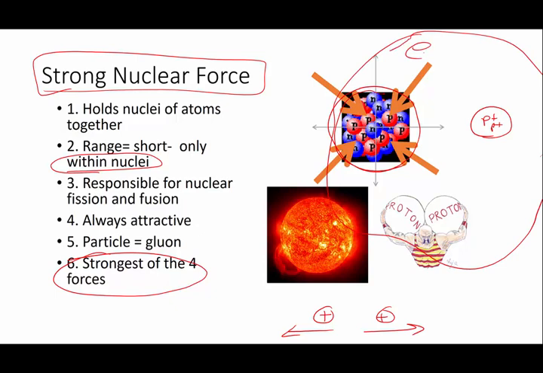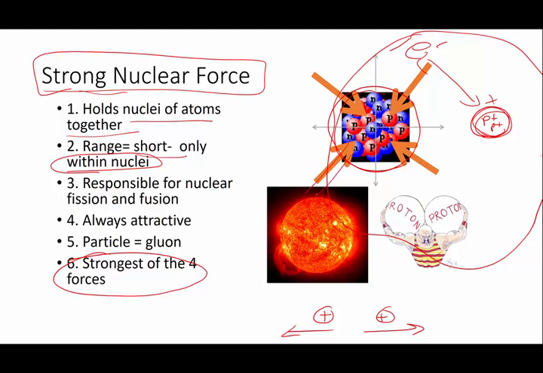Well, the electrons are attracted to the protons because one's negative and one's positive. But how do you cram lots and lots of little positives together in that nugget that is the nucleus? They discovered that there is another force, and this strong nuclear force has a very, very short range, but it holds the nuclei of atoms together.